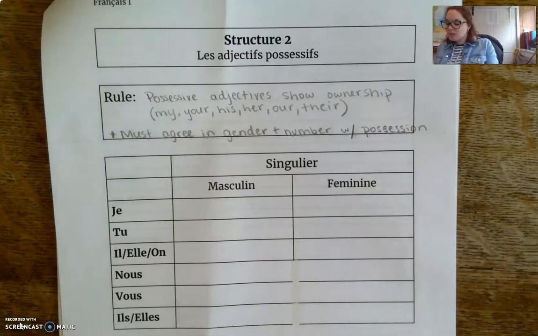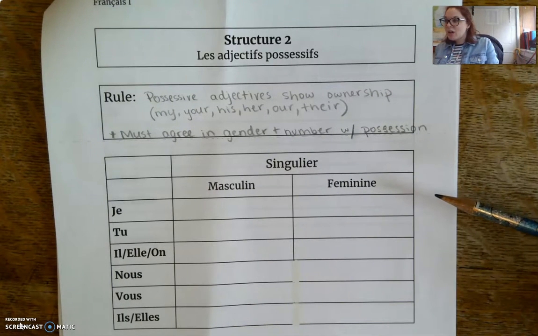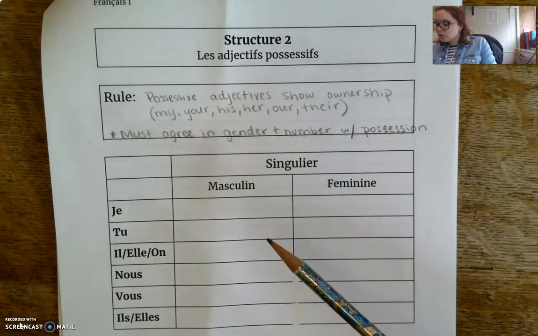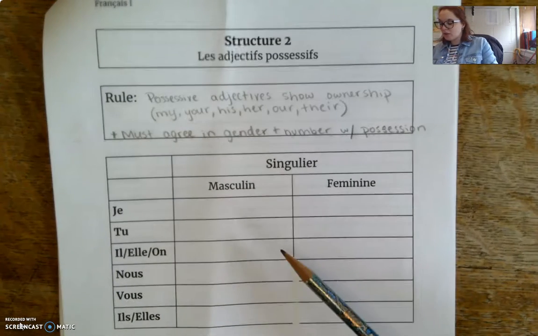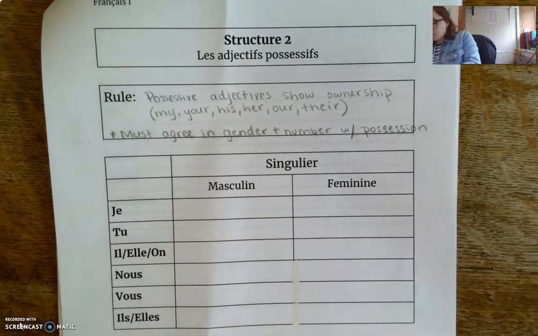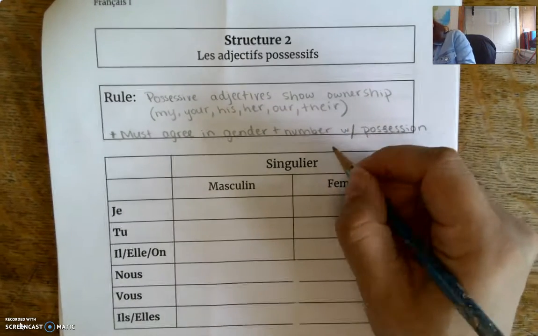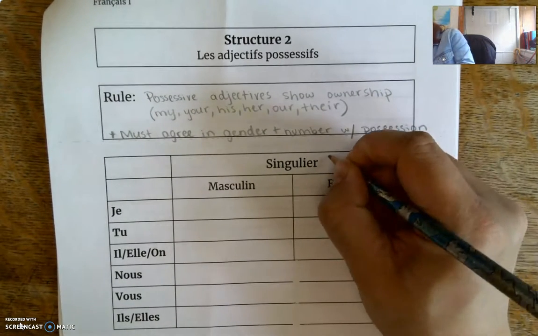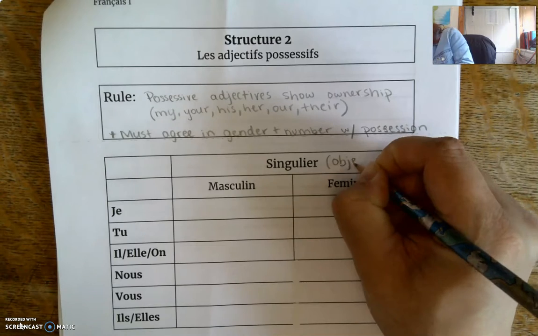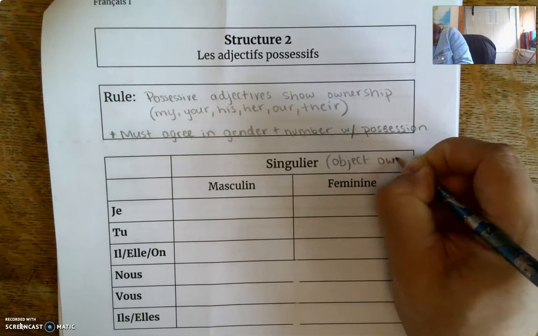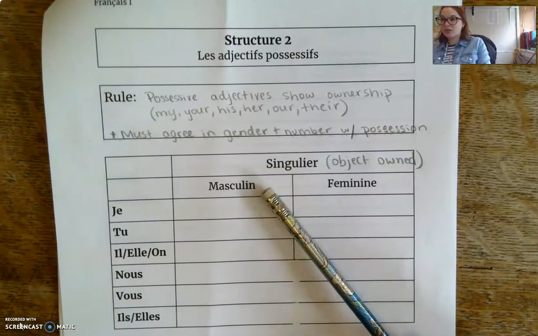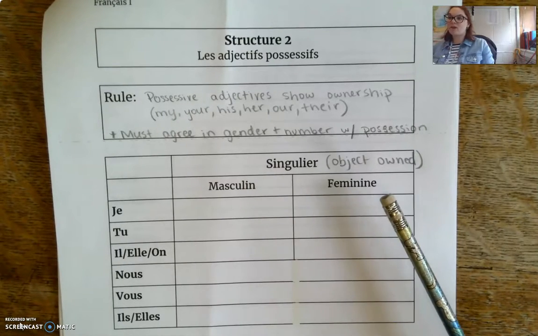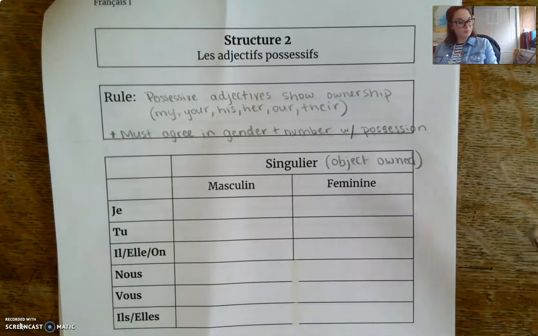And because this was like a really huge table, we are going to split it up. We're going to look at singular objects you could own. So this is the singular, this is the object owned. We're going to break it down between a masculine singular object that you can own or a feminine singular object that you can own.